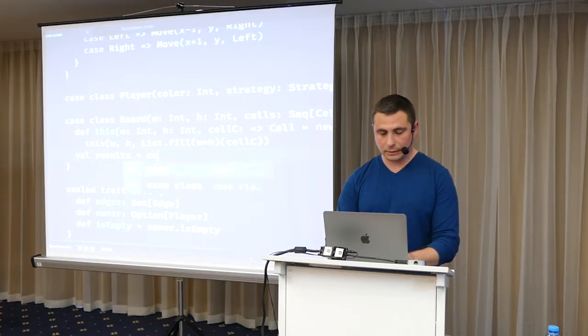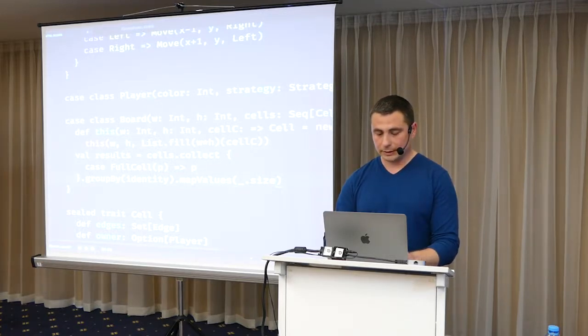So for the results, we just take all cells, and then we collect all of them which are full. And then we take the owner, and then we say, okay, group by identity and map values by the size. So effectively, we are just collecting the number of cells for each player. So we have this now.